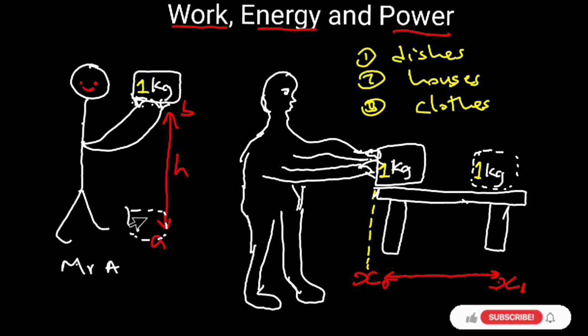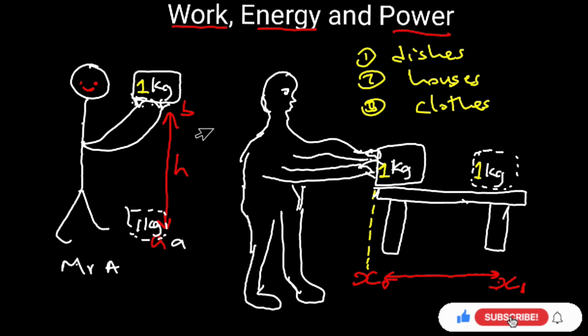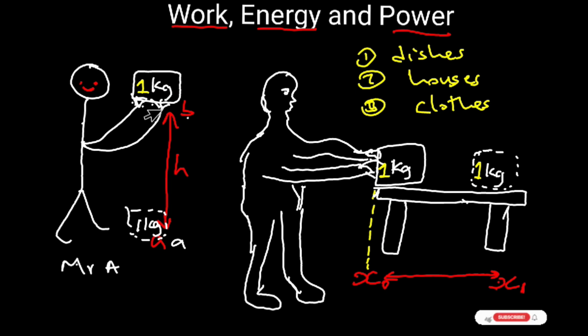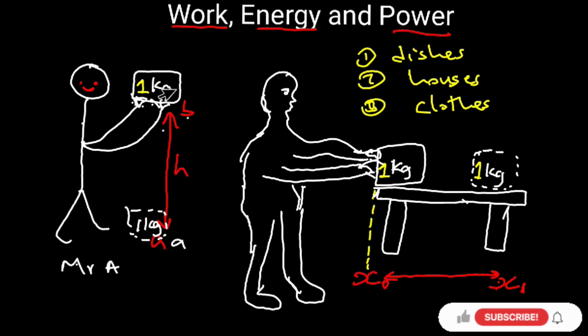He lifts this load from point A to point B. So this man has done work against gravity, because remember gravity pulls an object down. By lifting this load from point A to point B, this man has done work against gravity and also against the weight of this object.